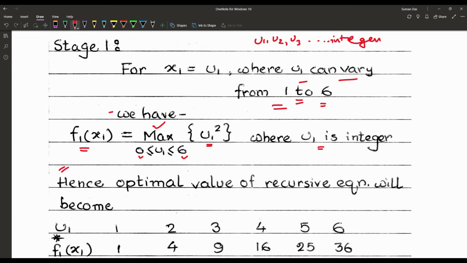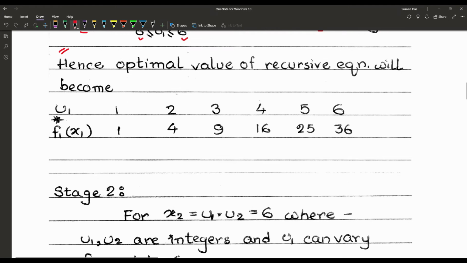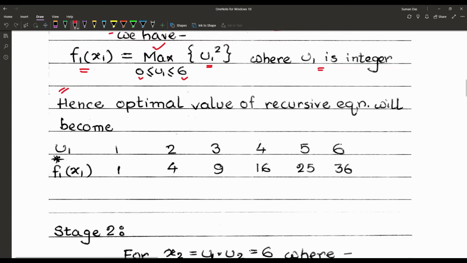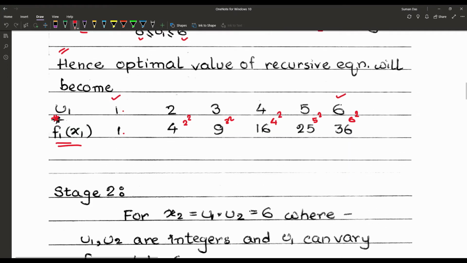Hence the optimal value of the recursive equation, because u1 has values from 1 to 6, f1*(x1), will be: 1 squared is 1, 2 squared is 4, 3 squared is 9, 4 squared is 16, 5 squared is 25, and 6 squared is 36.